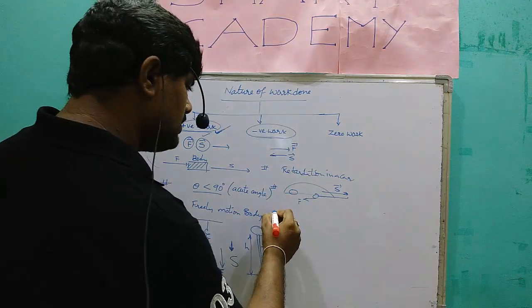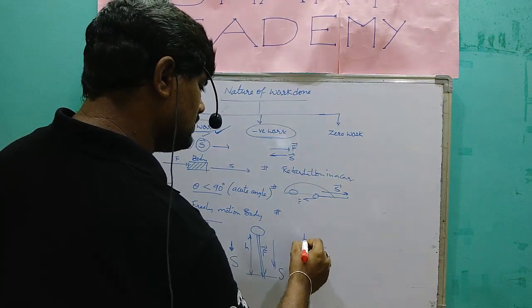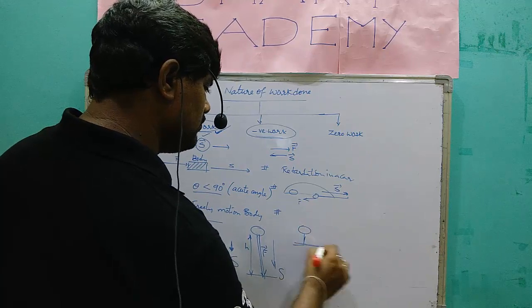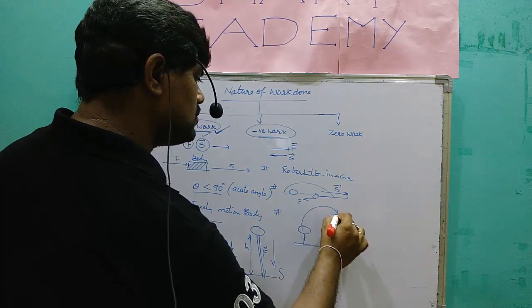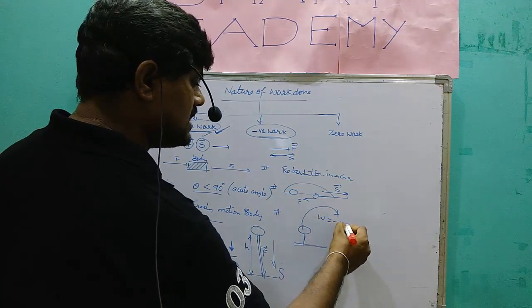Okay, suppose you are projecting a body upward from the floor. That work done is also negative here. Why?